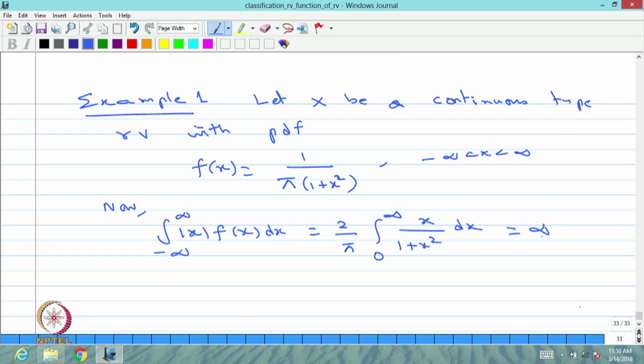You can make it a homework, computing this integration, that is going to be infinity. So, since this quantity is going to be infinity, you can conclude the expectation of x does not exist for this random variable. Even though you will get a value for the integral from minus infinity to infinity x times f of x dx for this problem, since in absolute sense this integration value is infinite, therefore, the mean does not exist.